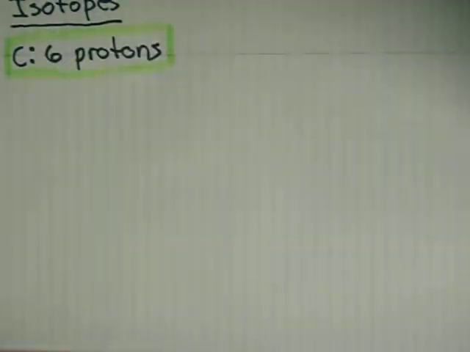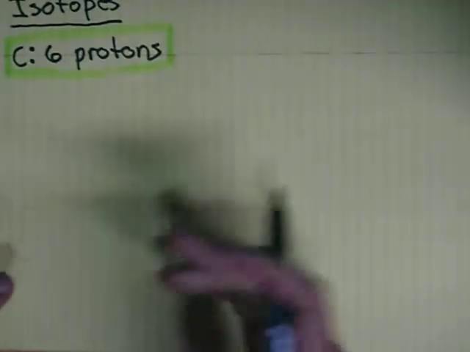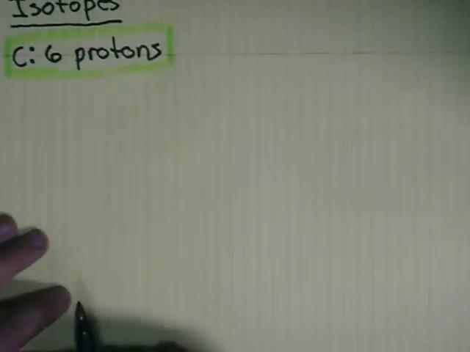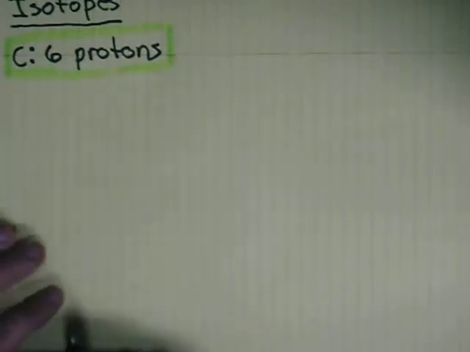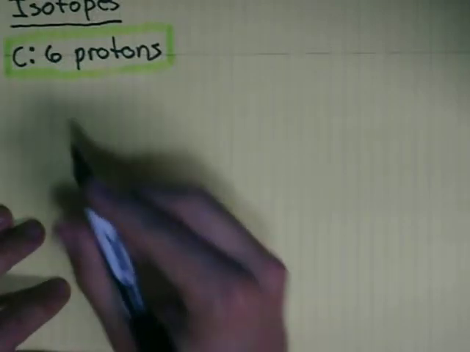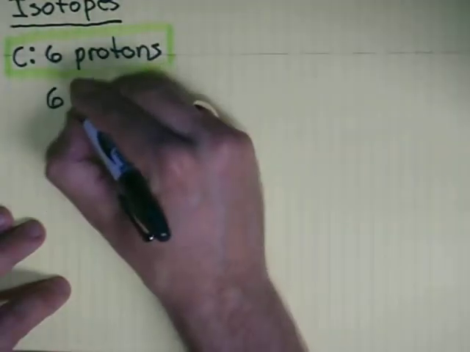So we'll start with looking at one of our simplest examples. In a carbon atom, we know that there's 6 protons. We also have neutrons. Each of those, we say, has a mass of 1. We're talking atomic mass units, AMU. So let's start with one that has 6 neutrons.